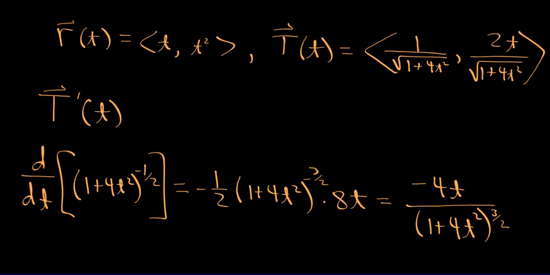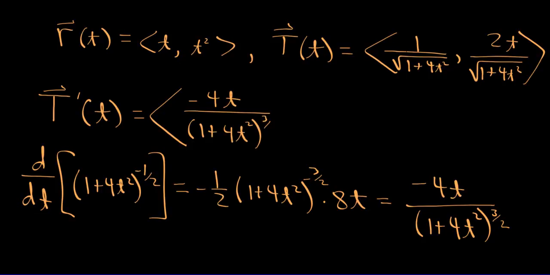Now, y'all really watch carefully because I could get messed up here. Okay, so here we go. We got negative 4t over 1 plus 4t squared to the 3/2. Any questions about that?